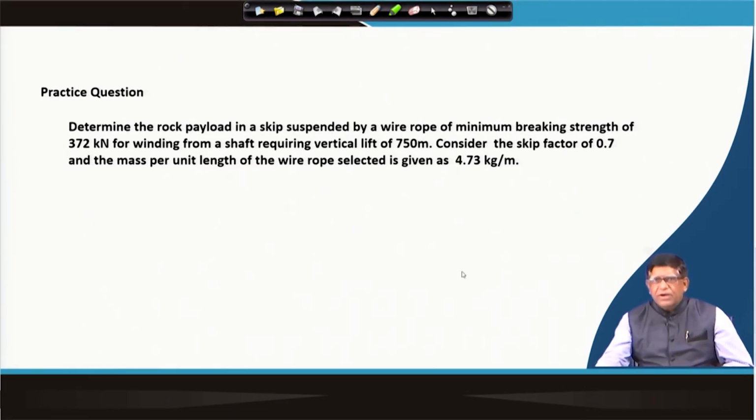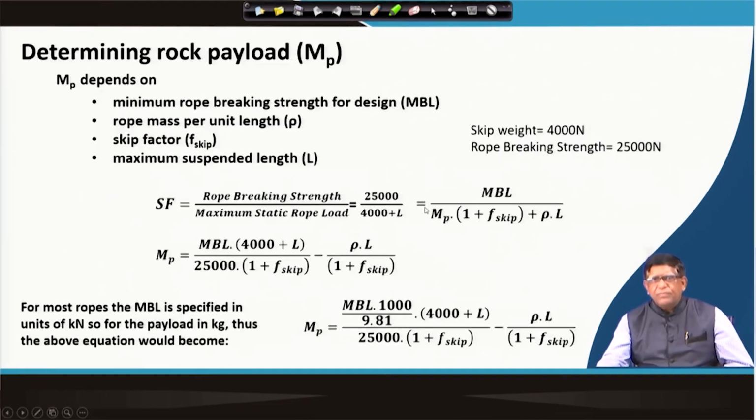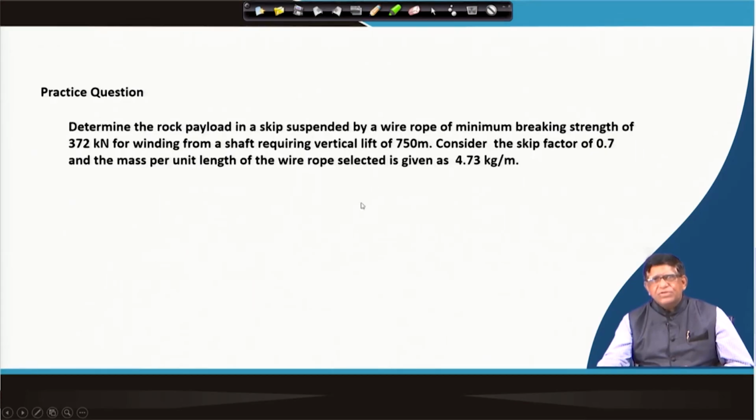Now, for this one what you can do is, you get these equations, take an Excel sheet, and in that Excel sheet you write down these variables, and then you can change these values to whatever is given over here. You can easily calculate on an Excel sheet.